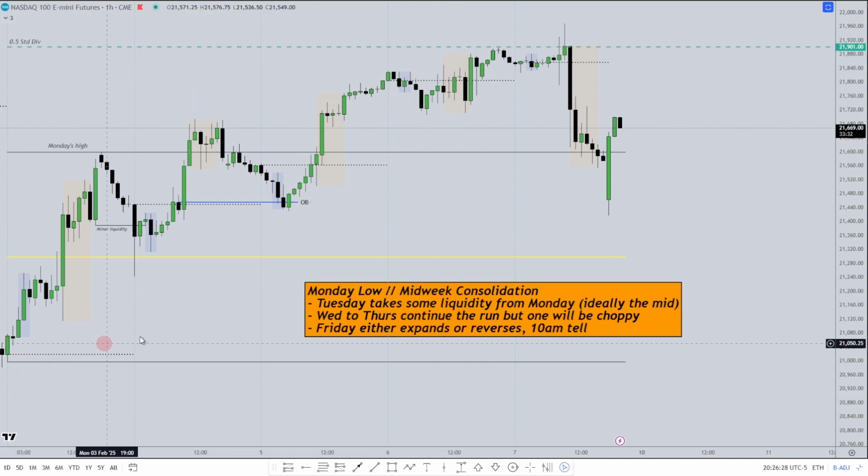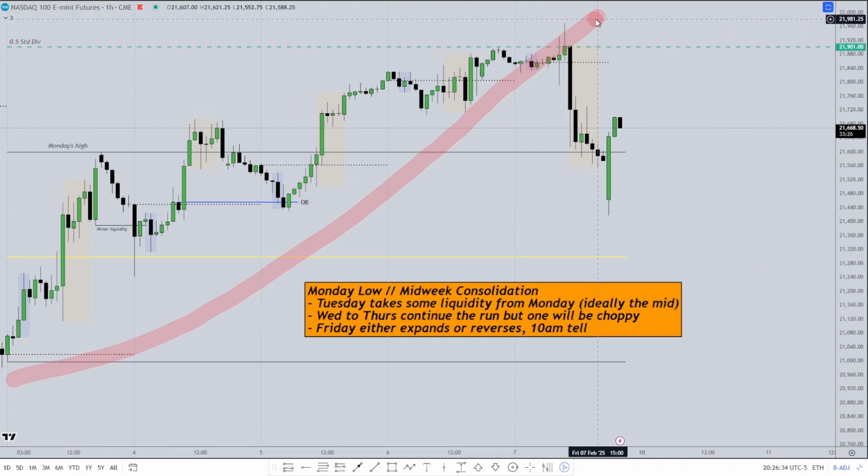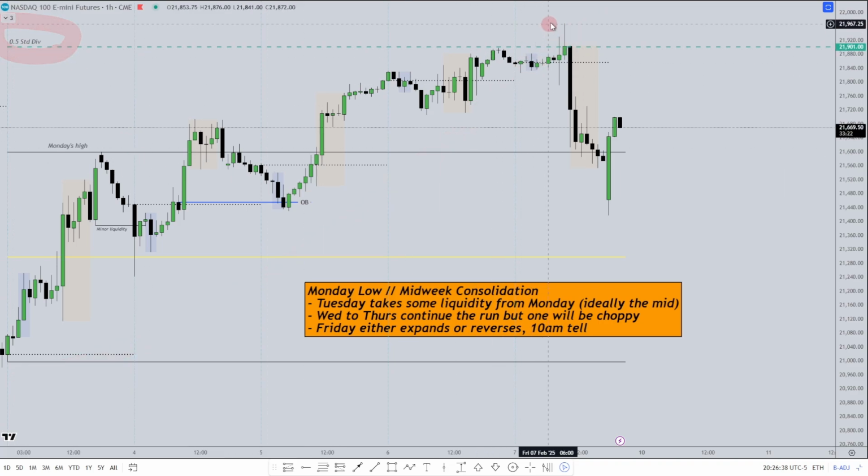And then Friday, because of the nature of this Monday low, will either just be a bullet train higher, or it will reach its destination and potentially form a retracement back into the range. Not that it is bearish for the week, but that it will pull back into the range that the week had formed.